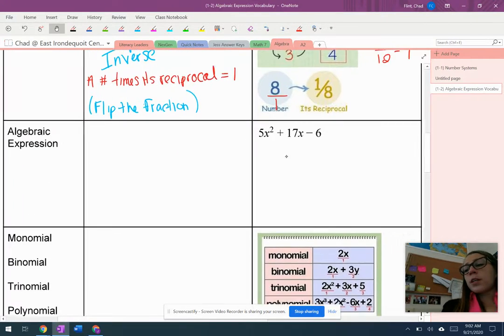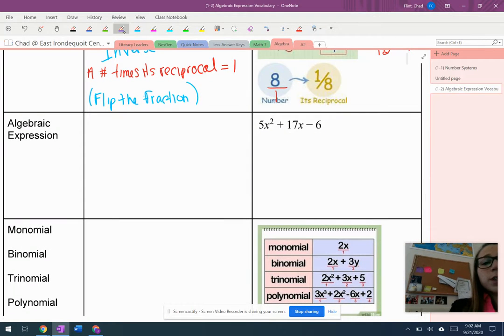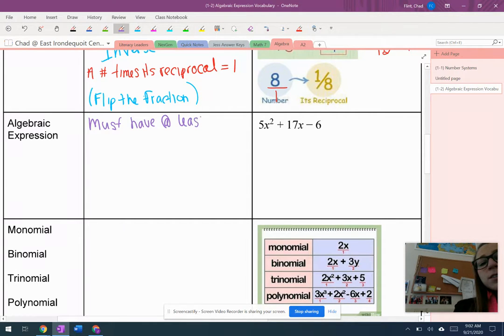An algebraic expression. Well, it's algebraic, so it must have at least one variable. It needs to have at least one variable in order for it to be considered algebraic.